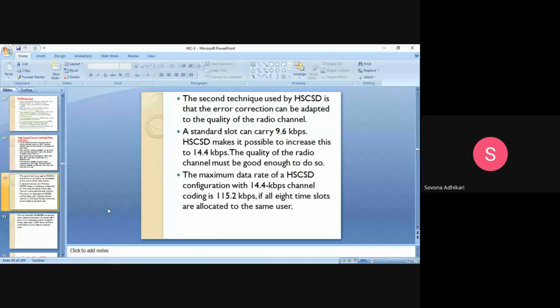If all the 8 slots are allocated to a single user, the maximum can be 14.4 into 8, so nearly equal to 115.2 kbps. So the maximum data rate to a single user can be 115.2 kbps.